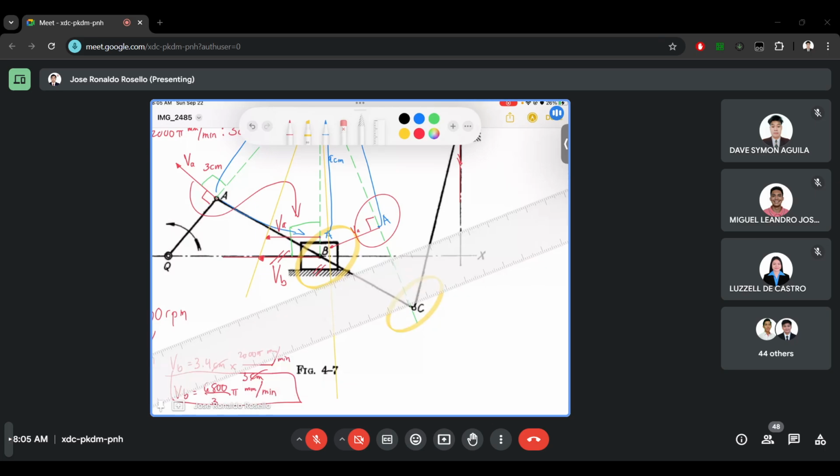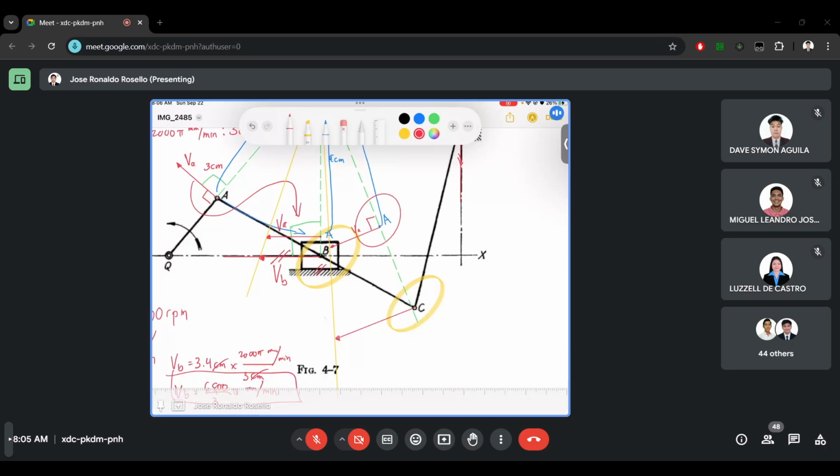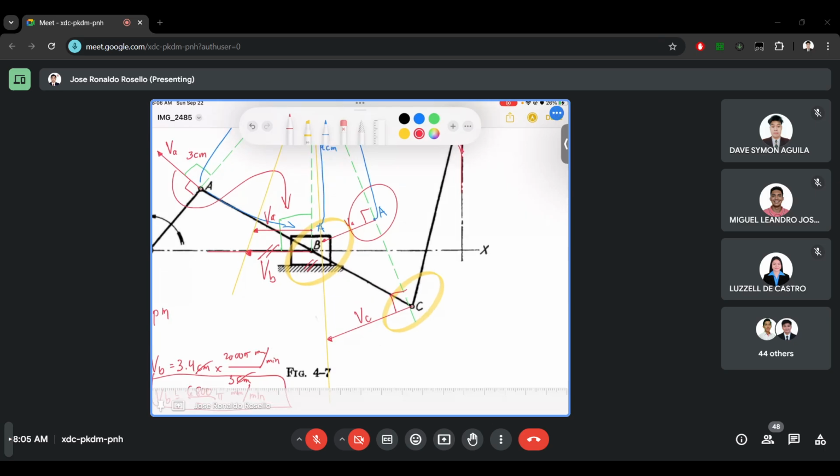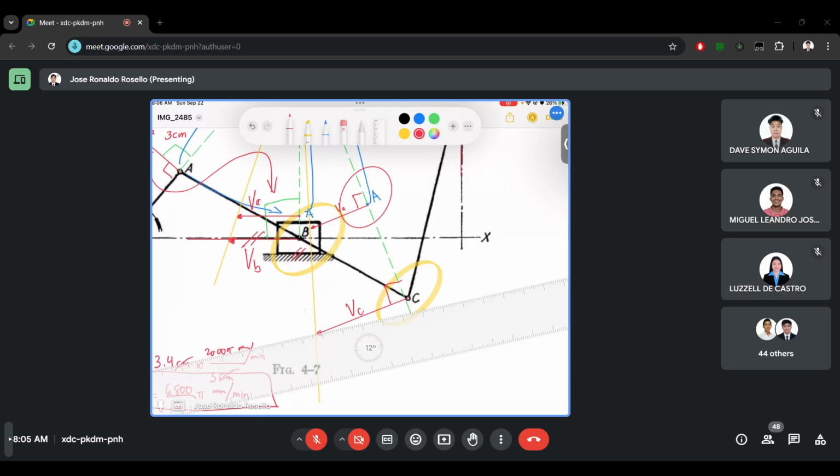Now let's just make a perpendicular vector from point C going to the similar triangle proportionality line. And this should be perpendicular. So now, we now have velocity C. Let's just measure it.